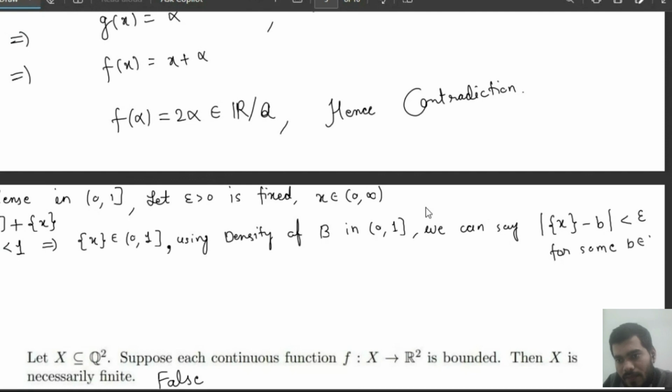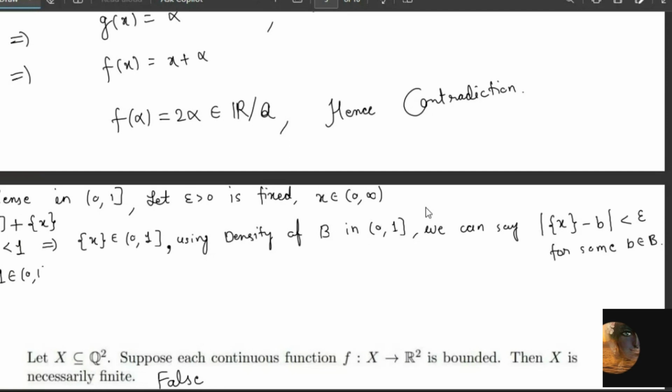Is this statement clear till now? Second point.